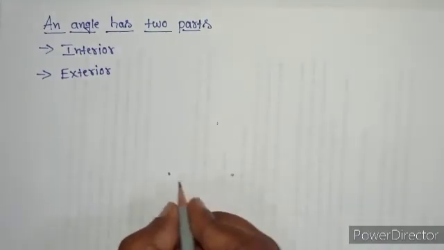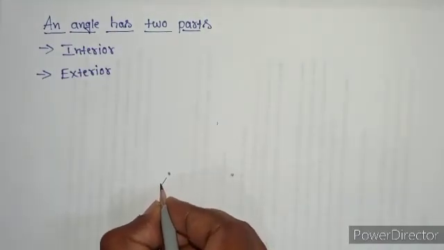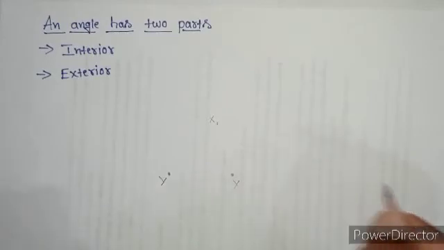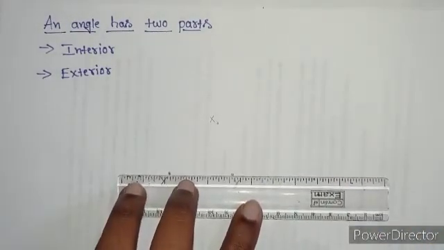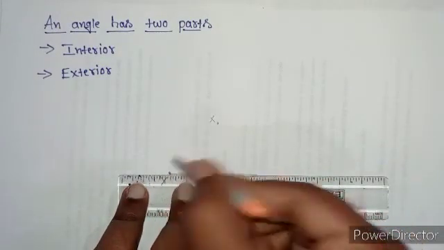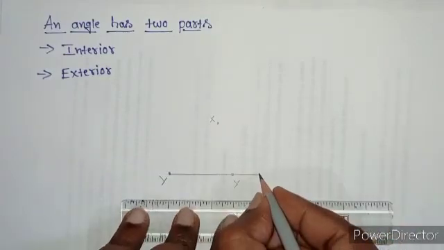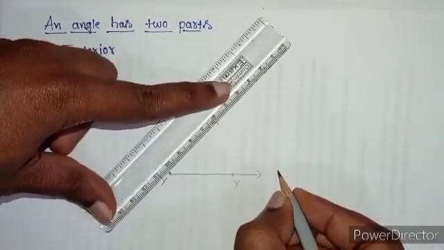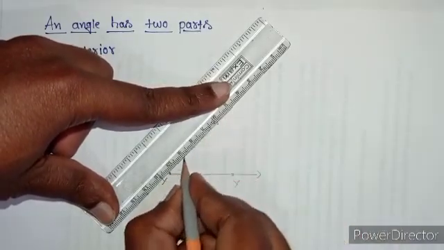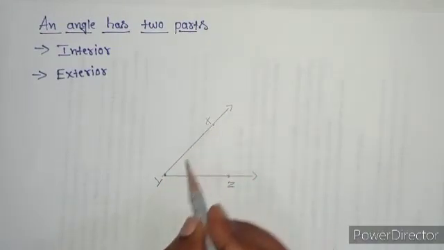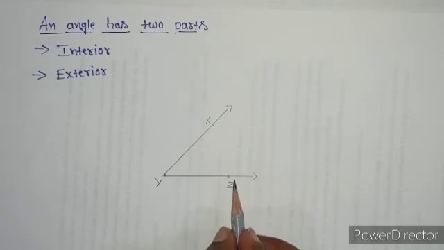Now I am going to give names to these points: Y, X, Z. Now I am going to join these points with extended arrowheads, Y and X, and Y and Z. Here the common endpoint is Y. So YX and YZ are the two arms, or sides, of the angle.